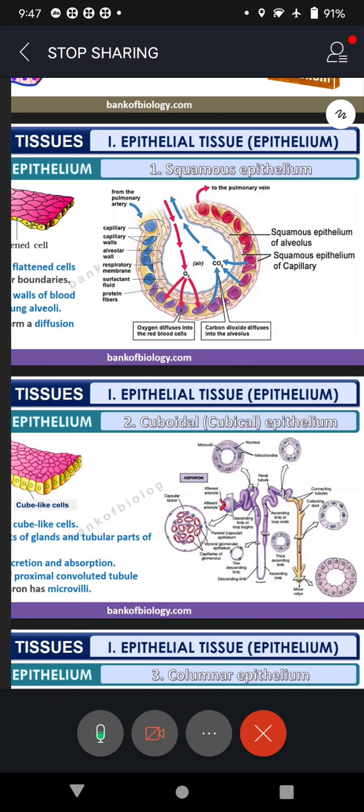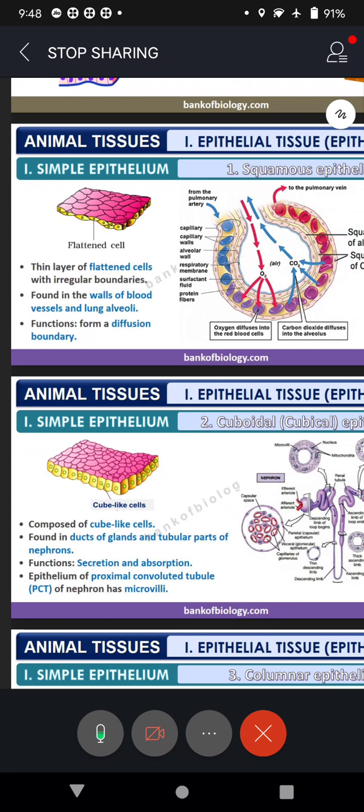Now most important thing here you must remember is, where are they present? So it is a flat structure, cells are all flat, thin layer, because it is only one layer, thin layer of flattened cells with irregular boundaries. There is no regularity, irregular boundaries. Where are they present? Found in the walls of blood vessels and alveoli in the lungs.